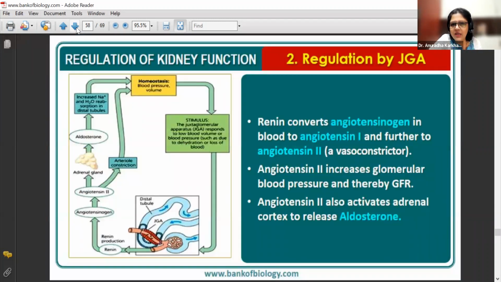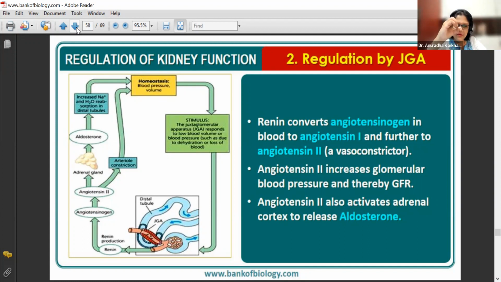What does the renin do? See, renin converts angiotensinogen in blood to angiotensin 1, and further angiotensin 1 will get converted into angiotensin 2. Angiotensin 2 acts like a vasoconstrictor, means it will make the blood vessels become smaller.